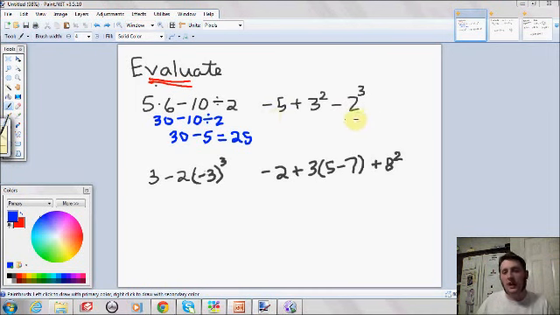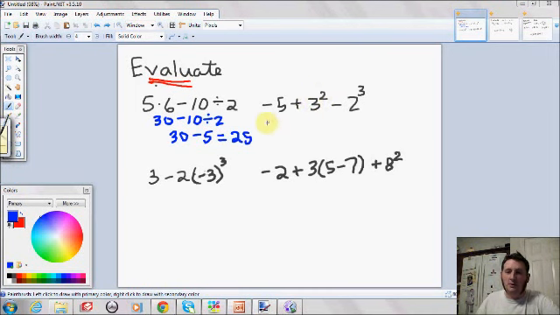So we got this next problem. Still no grouping symbols, but this time I threw in a couple exponents. And with the exponents, you could also go left to right, or in most cases you can go ahead and evaluate each of the exponents at the same time. So we have 3 squared, so 3 times 3 is 9.